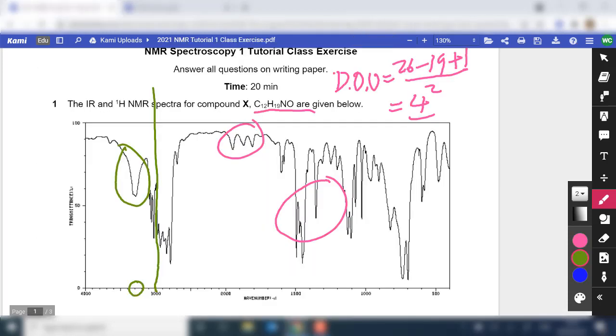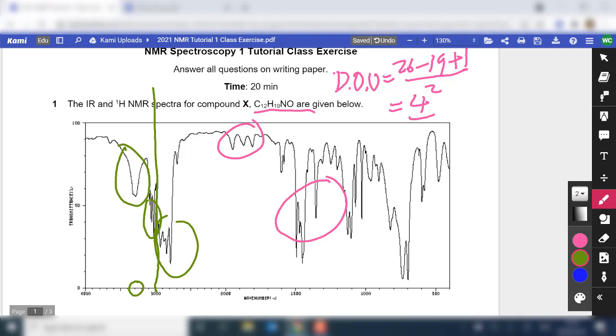Then for all these peaks here and there below, we are expecting a series of sp2 CH stretches above 3000, and sp3 CH stretches slightly below 3000 per centimeters.